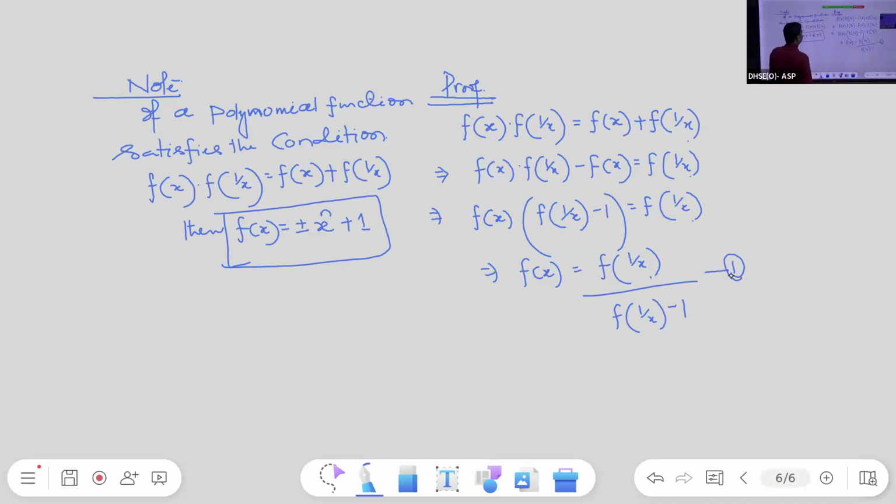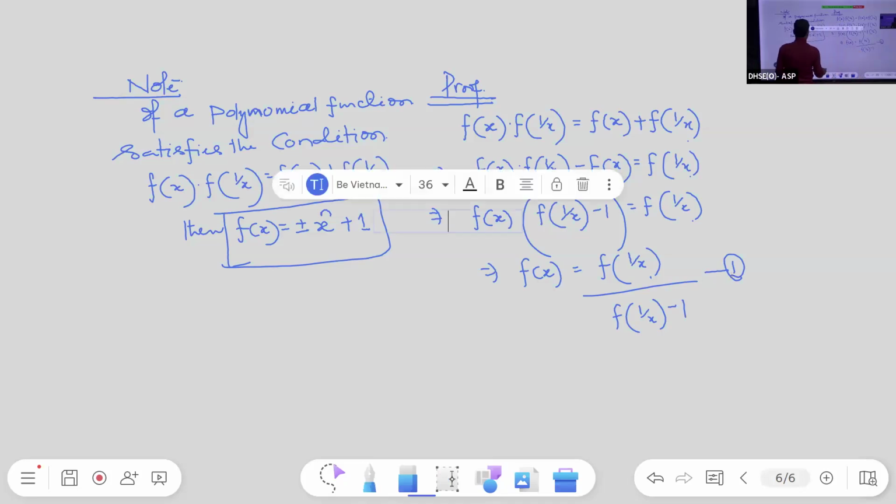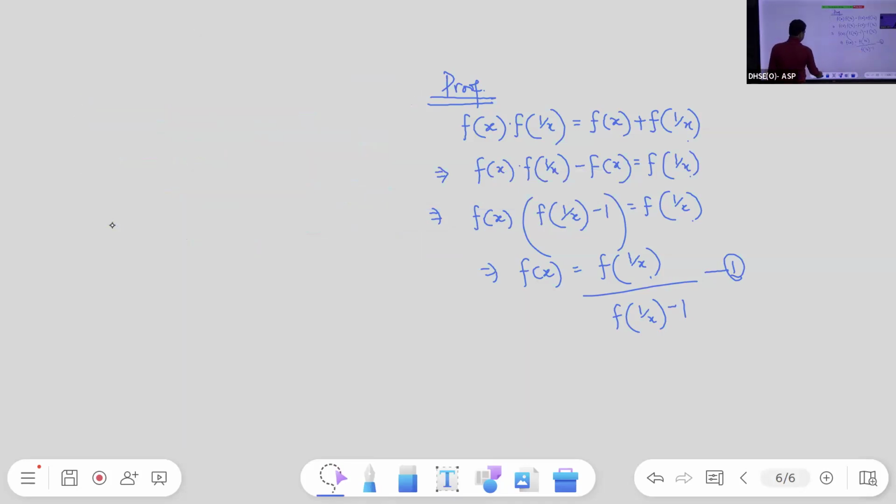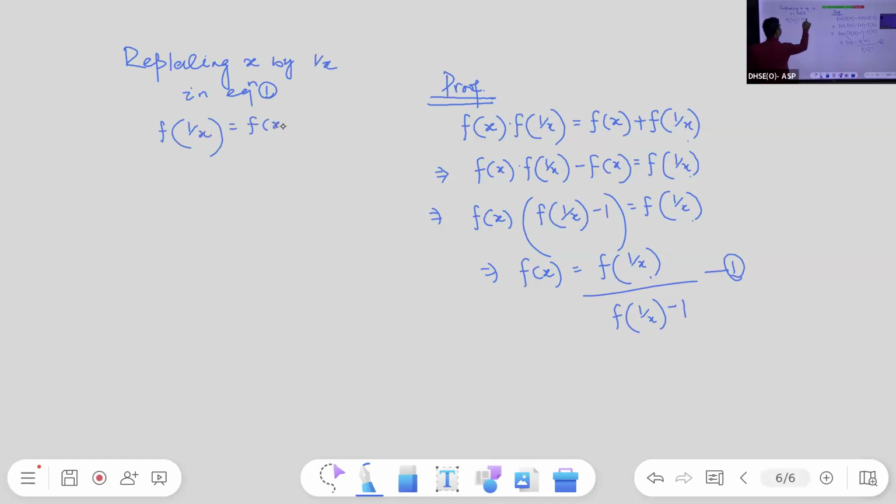Then I'm replacing x by 1 upon x in equation 1. f of 1 upon x is equal to f of x upon f of x minus 1.